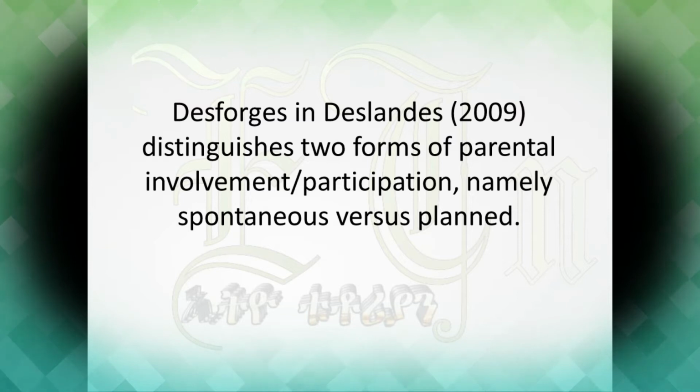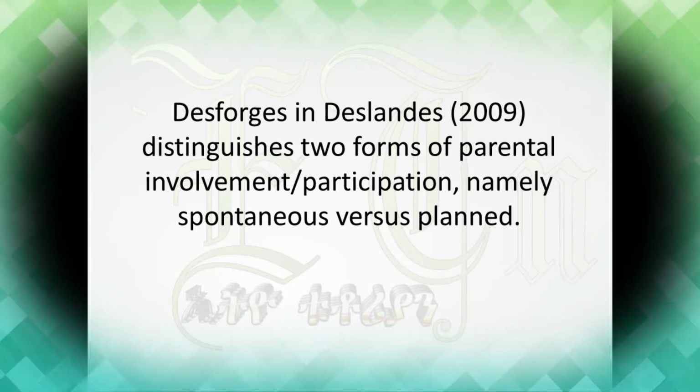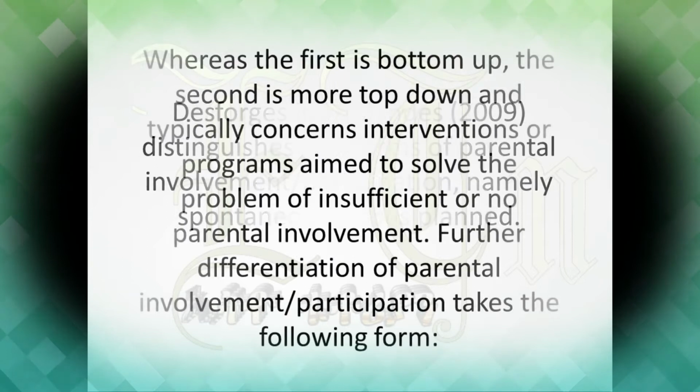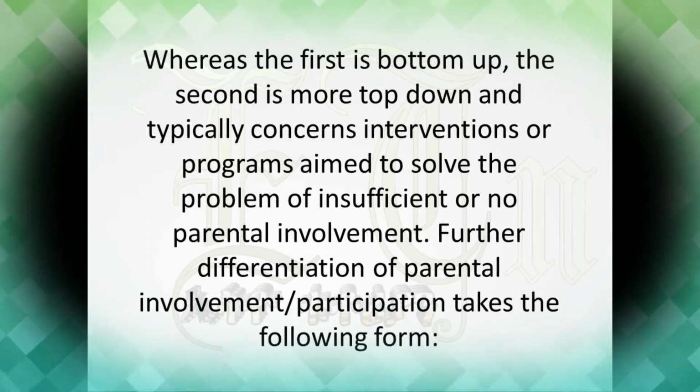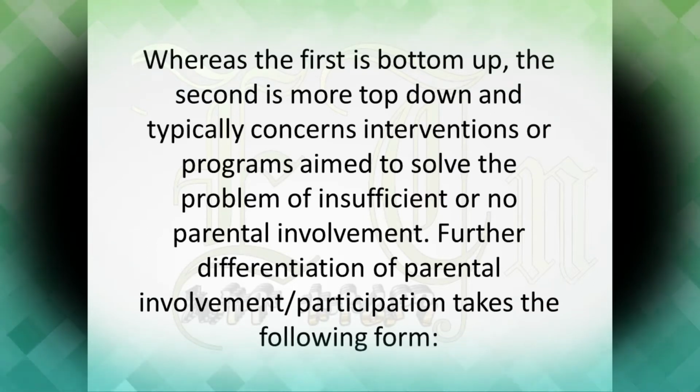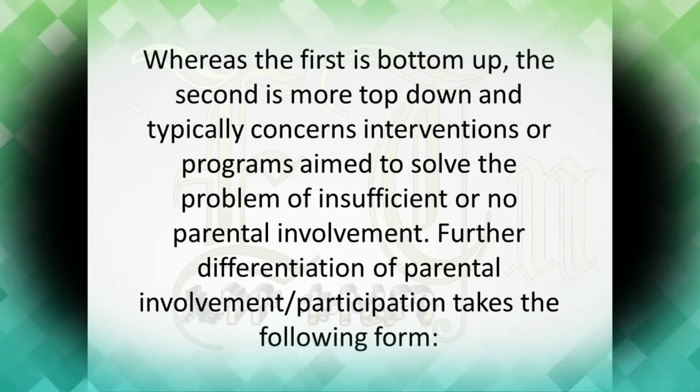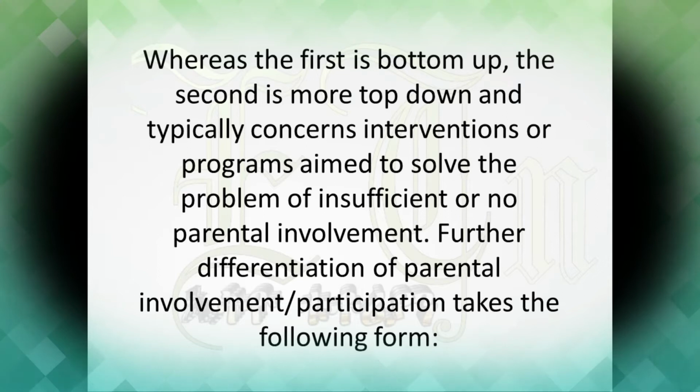Desforges, in Deconcentration, 2009, distinguishes two forms of parental involvement participation, namely spontaneous versus planned. Whereas the first is bottom-up, the second is more top-down and typically concerns interventions or programs aimed to solve the problem of insufficient or no parental involvement.